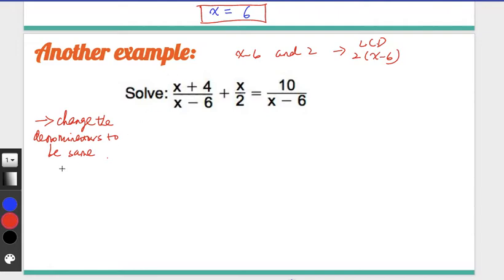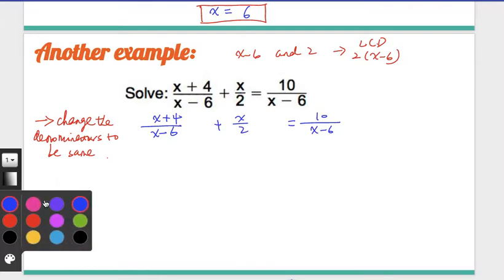To make it clear for you to see, I'm going to put a little bit wider space between each term for you to check. You may wonder, why do you write this out? Because we are going to change the denominators to be the same. Also, we are going to use a different color to demonstrate what I'm doing here.